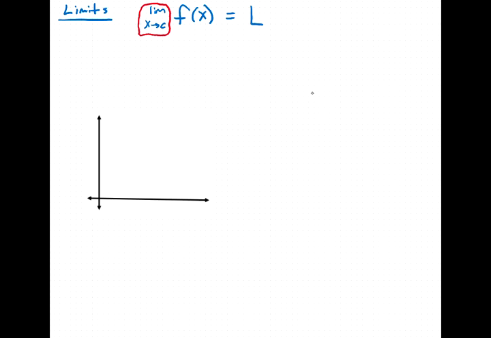So the limit as x approaches c of f of x is equal to L. Now, this L is a number. It's actually a y value. So let's start with a generic function. I'm only looking at quadrant 1, but we don't need to only work in quadrant 1. Let's say we have this parabola. So there's our function, f of x.